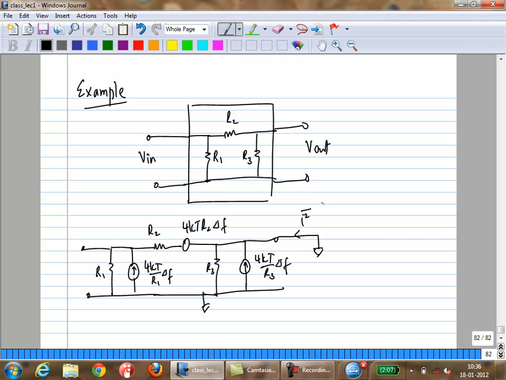So this is the same as, right? This has to be equivalent to, you have two equivalent sources and a noiseless 2 port, which is R1, R2, R3, right?